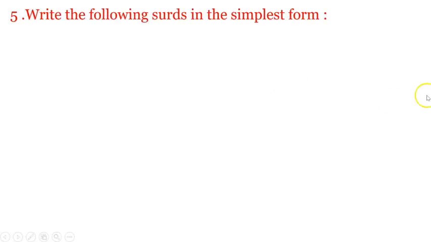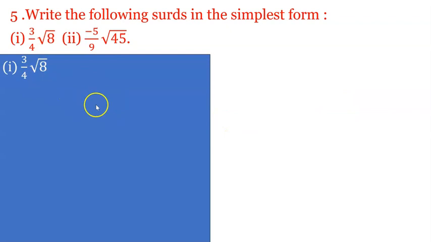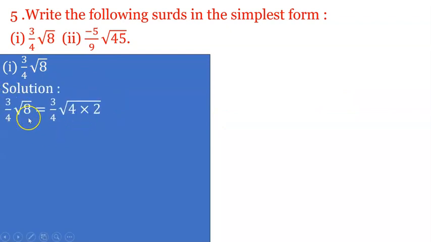Now next, write the following surds in the simplest form. First is 3 by 4 into root 8. Root 8 can be written as root of 4 into 2.